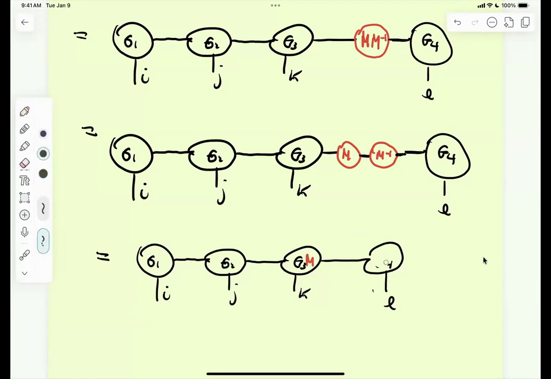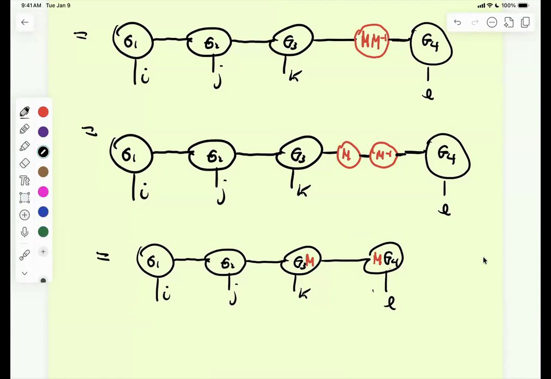Well, I'm being a bit sloppy here with the notation. This was a matrix, and this was already a matrix to begin with, so this is really like a matrix multiplication, but along the leg that they share.